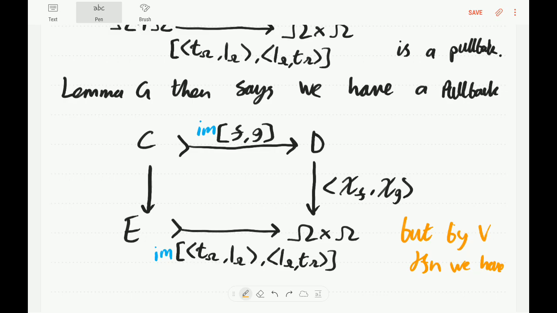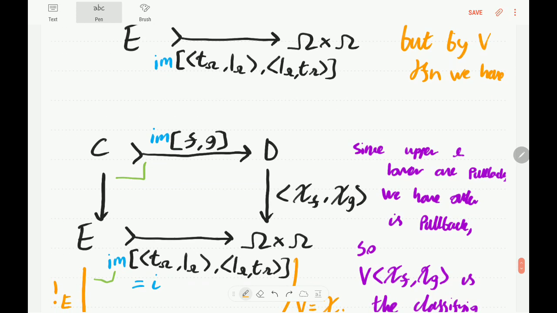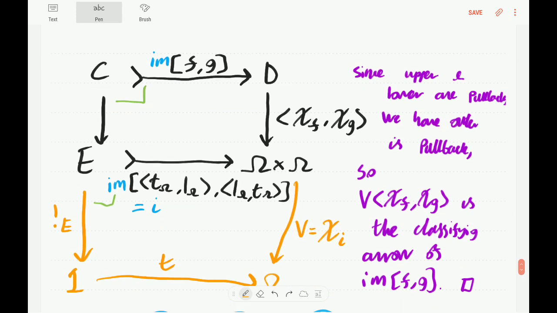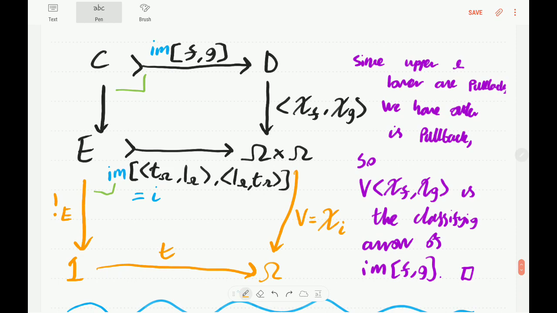And now notice that the classifying arrow of this monic on the bottom is OR. So we can put this extra pullback square on the bottom here, which is really just giving us the definition of OR.